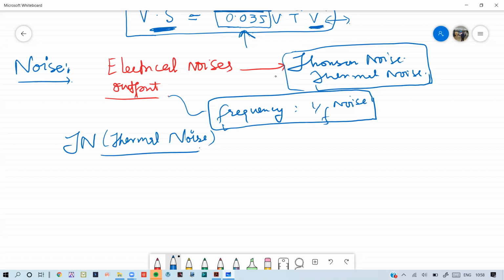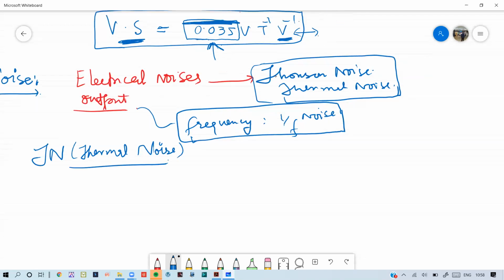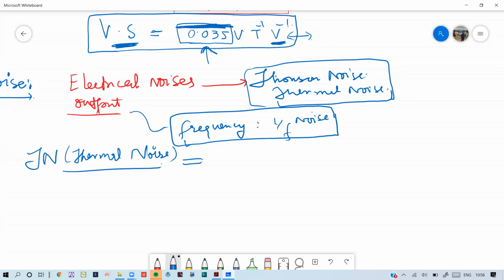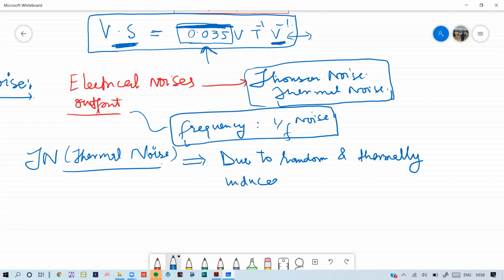Thermal noise. Yes. So this thermal noise appears due to random thermally induced motion of electrons through the conductor or a material, through a sample.